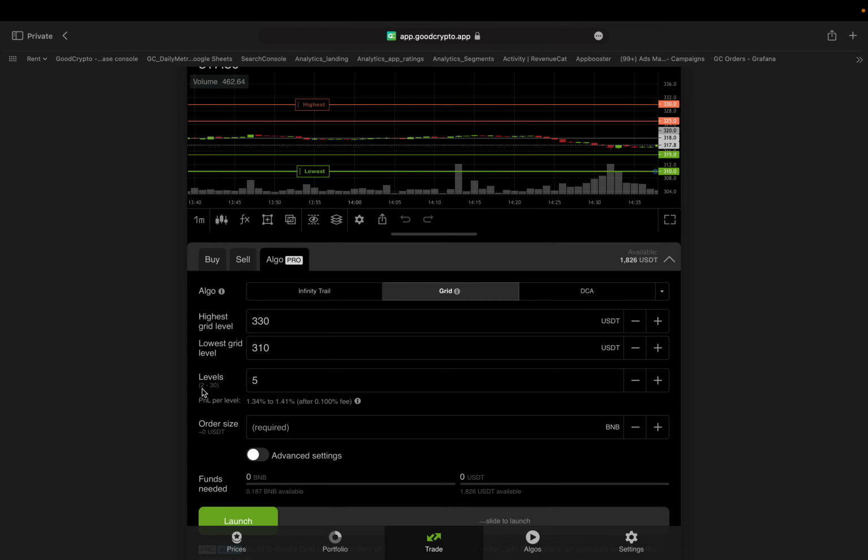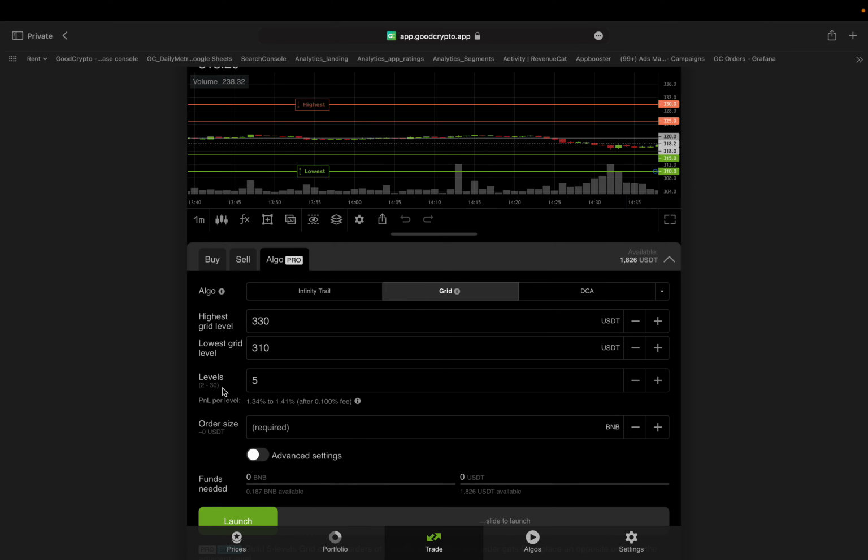So the very basic minimum is 2 orders, and I've shown you how the grid with 2 levels functions in the grid basics video. You might find grids of just 2 levels useful in some situations. Again, that's going to be covered in a separate video, but that's the minimum amount of levels.